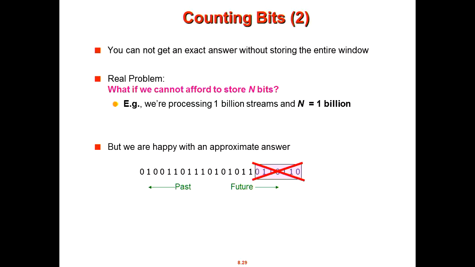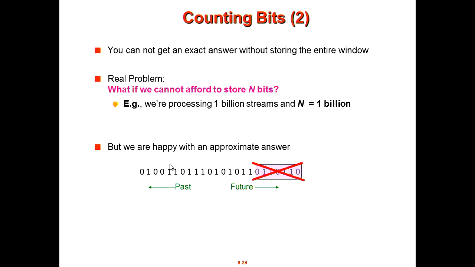The real problem is, what if we can't afford to store n bits, but we can still guarantee some performance? If n is 1 billion, normally you are not able to store 1 billion bits in memory. So you need to store something else that can reflect some properties of these 1 billion elements, and based on this summary, we do the query processing.